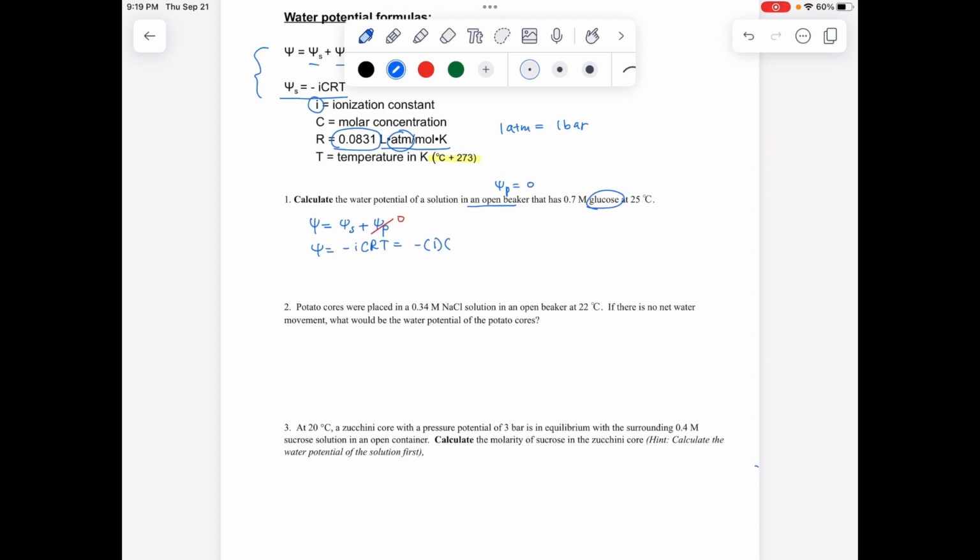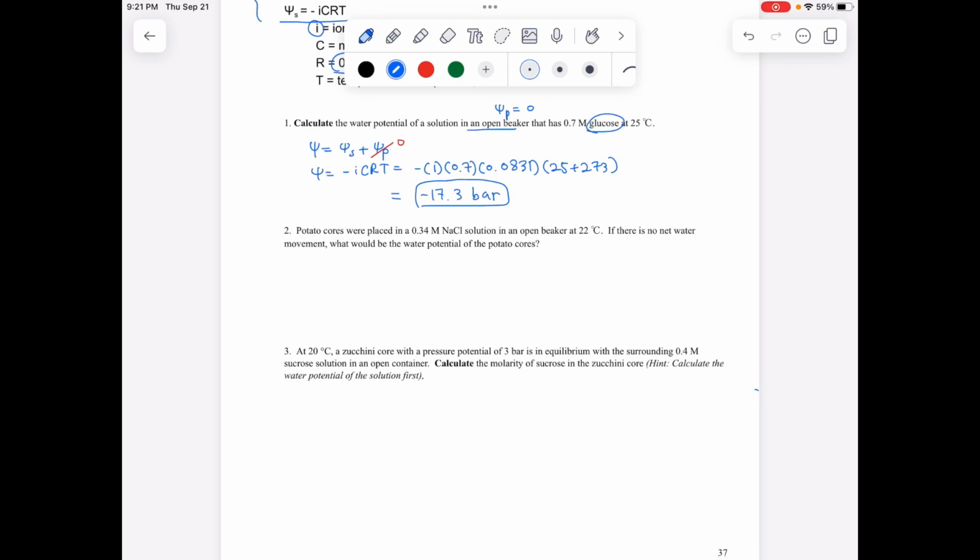C is the molar concentration, 0.7. R is always a constant, 0.0831. And finally, T is the Kelvin temperature, so 25 plus 273. So you multiply all of these numbers in your calculator. You get negative 17.3 bar for your answer.